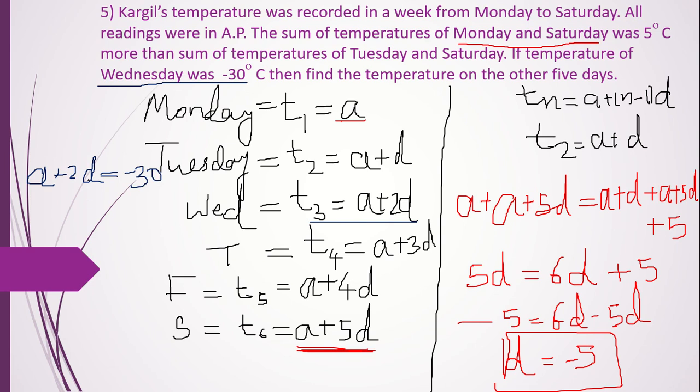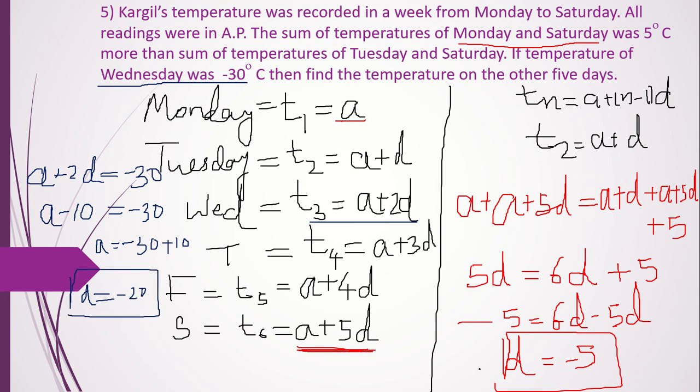You can put that here. d is minus 5, 2 fives are 10, so A minus 10 is equal to minus 30. Now this 10 will go that side and will become plus. A is equal to minus 30 plus 10. Different sign, so we subtract. So A is equal to minus 20. So we got the value of A as minus 20 and the value of d as minus 5.